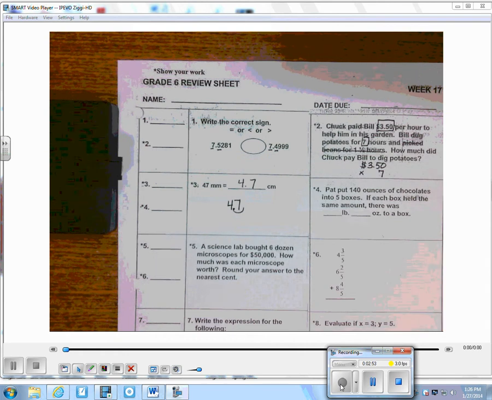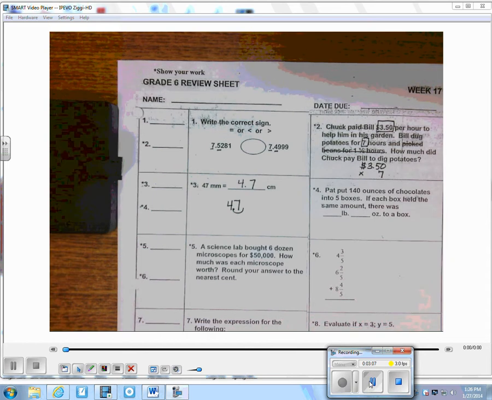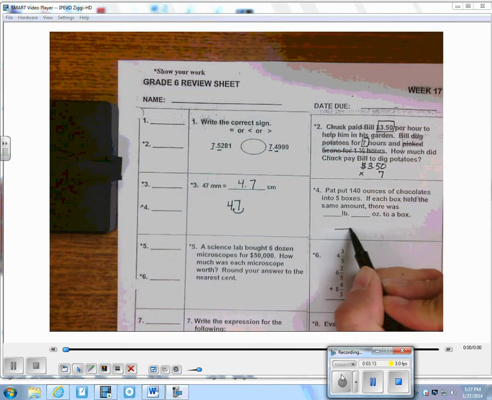Okay, number 4. Pat put 140 ounces of chocolates into 5 boxes. If each box held the same amount, there was how many pounds and how many ounces to a box? We can do this by setting up a proportion.